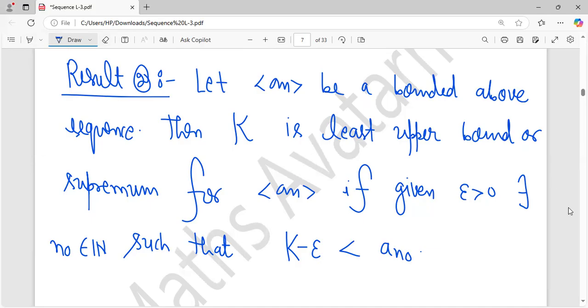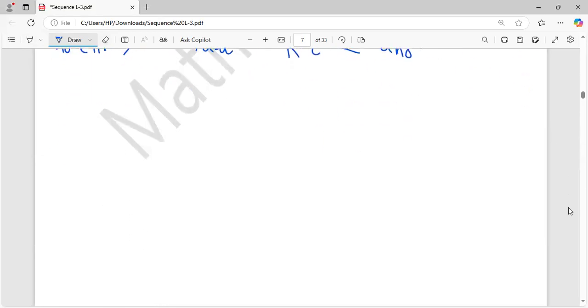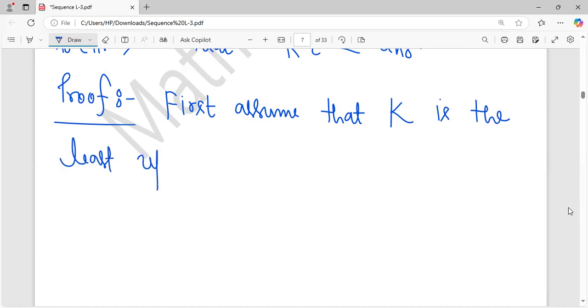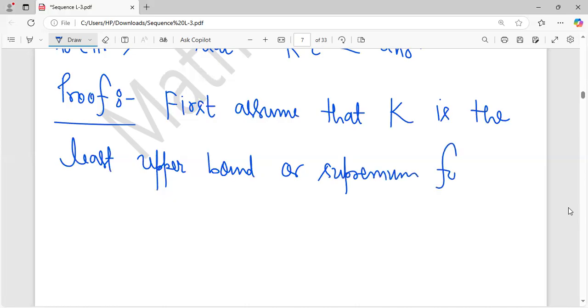Let's see its proof. First, assume that K is the least upper bound, or supremum, for the sequence a_n.